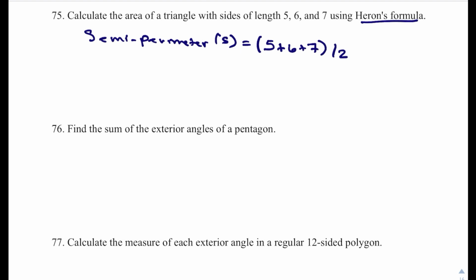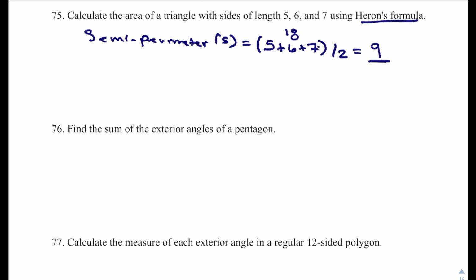So if we do this, we get 13 plus 5 is 18, divided by 2, we're getting 9. So the semi-perimeter is 9.